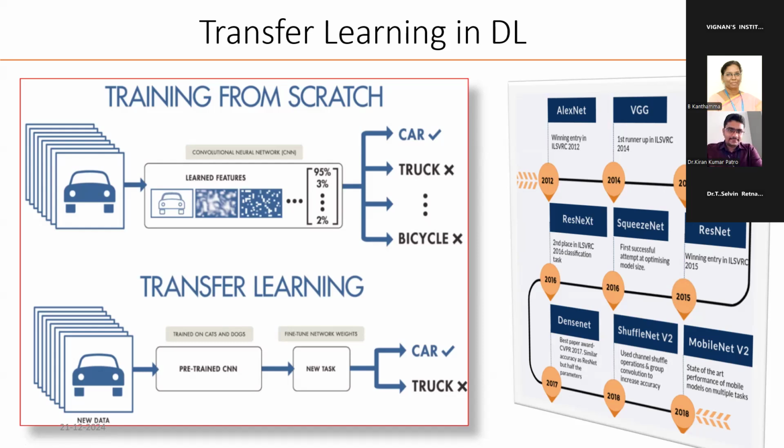Suppose you have an application, you can use their network. You replace the final layers and give your data to the pre-trained CNN. Then you train the CNN with your images and test it on the new task. Then it will say whether it is a car or a truck, whatever it is. Based on your application, you can choose different types of pre-trained models.